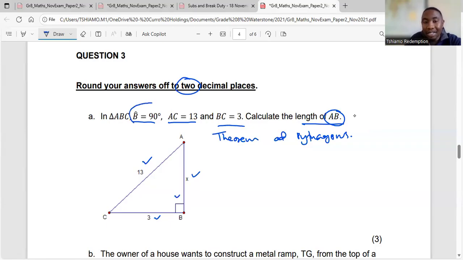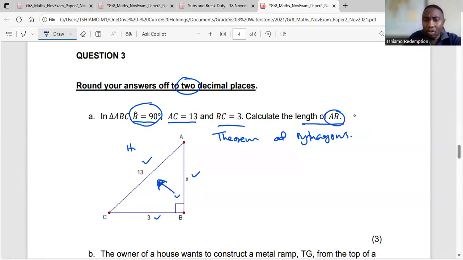So this is very important in this statement because we know that since it's a right angle triangle, we can use this theorem. Okay, now, how are we going to derive the formula? We always start with what are we looking for? Are we looking for the hypotenuse or are we looking for the other side? So in this case, the hypotenuse is given.